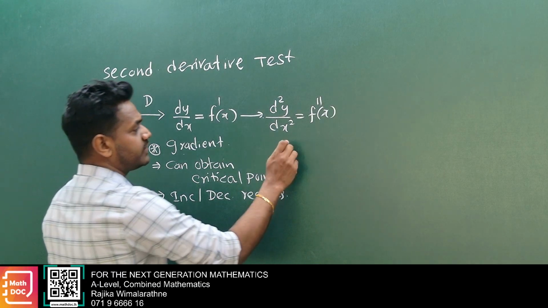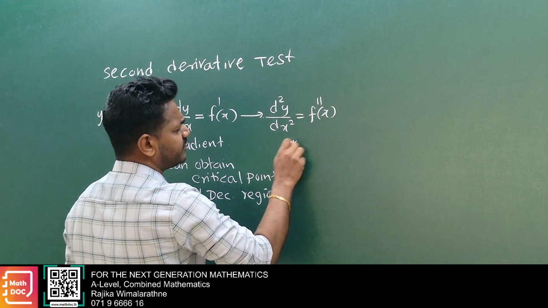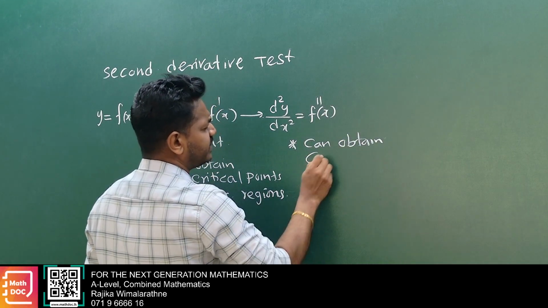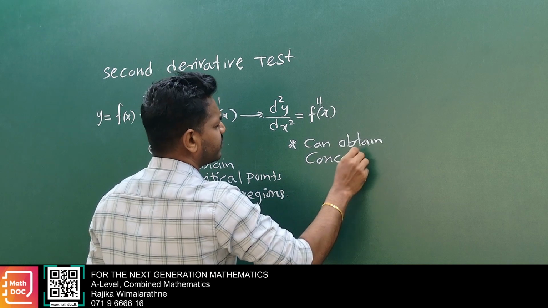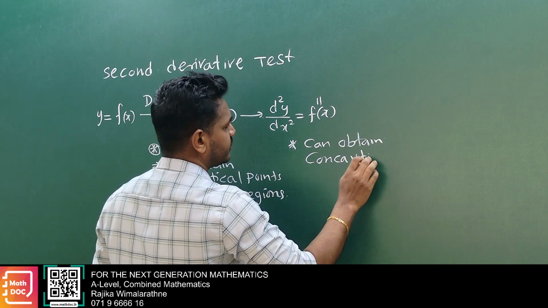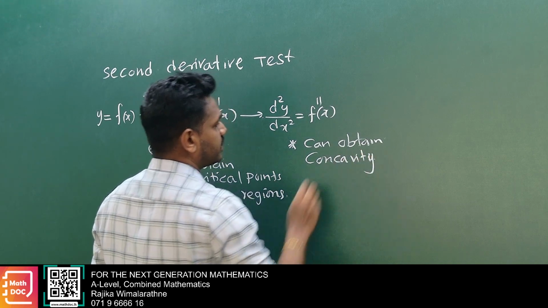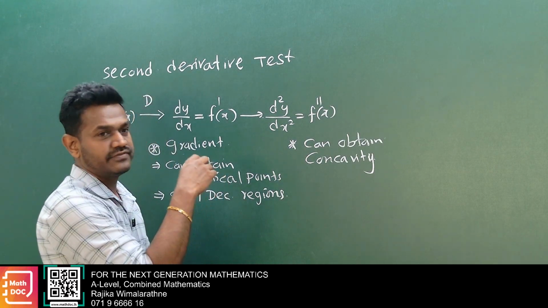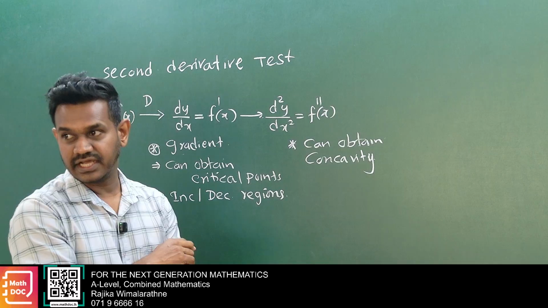Then from the second derivative, we can obtain concavity. There are two things: concave up and concave down.